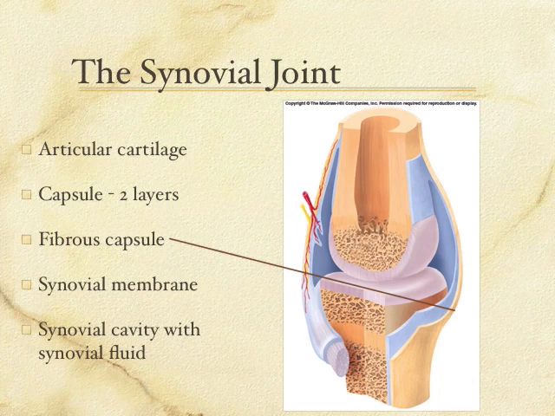Every bit of skeleton is covered with connective tissue, and every space between bones is covered with connective tissue. There's connective tissue everywhere. And it just happens that periosteum becomes fibrous capsule, becomes periosteum, becomes fibrous capsule at the next joint, and periosteum. It's one big continuous sheet of connective tissue.